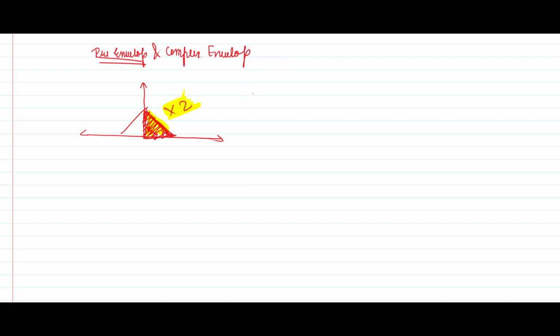In order to write this in a more justified form, I'll write it as: if this particular function is g(t) varying with time t, so g(t) would become the real part of g(t). So how to determine the real part?